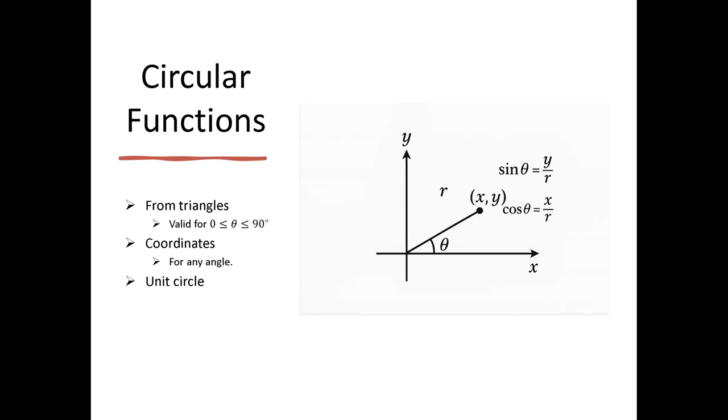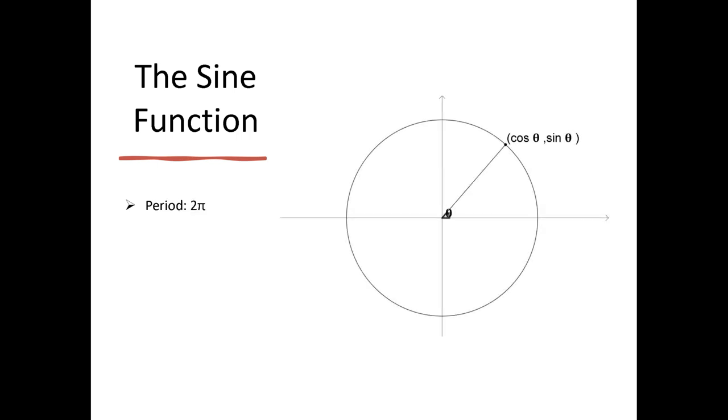To do that, let us consider the sine function. Some of the nice properties of the sine function are the following. First, it is periodic with period 2 pi. This means that if we rotate this point here 2 pi around the circle, in other words 360 degrees, the point stays at the same place.